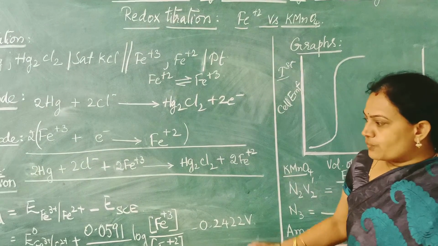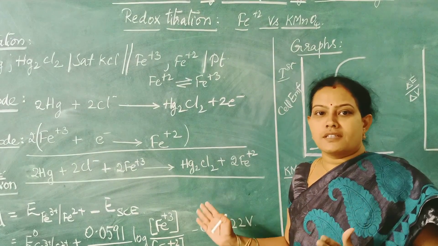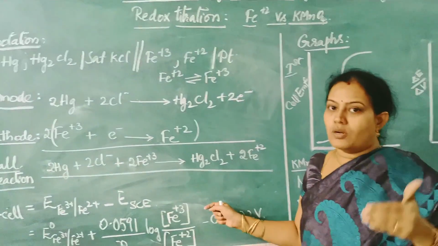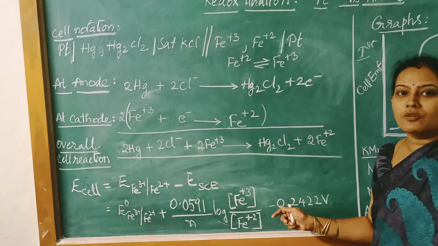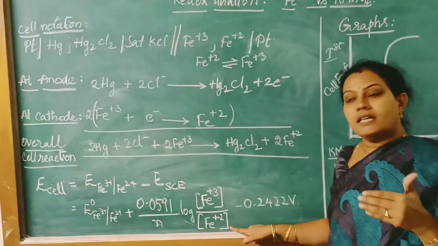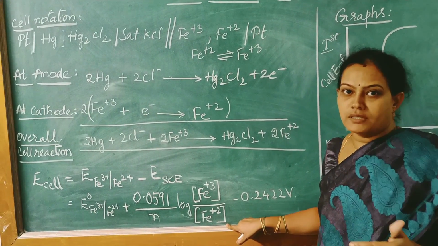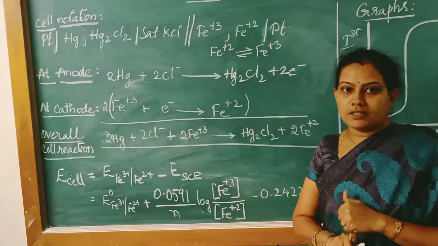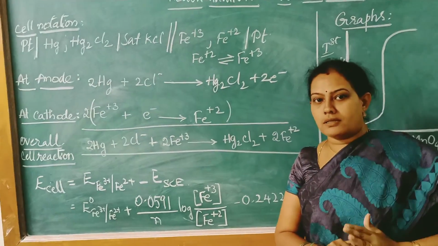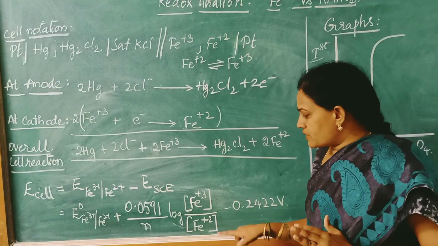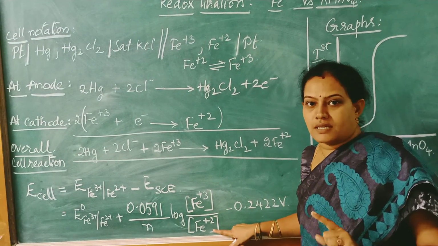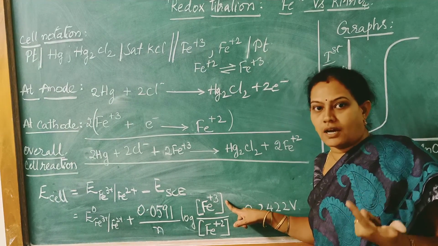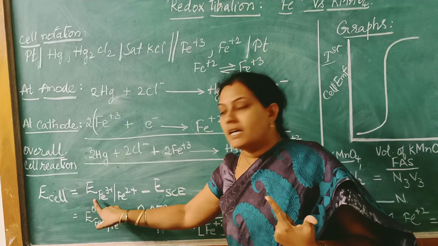And so we find continuous changes in the values of E cell when we are adding KMnO4 in 1 ml lots, where the KMnO4 starts oxidizing the ferrous ions present in the solution to ferric. So the ferrous ammonium sulfate that we are taking, 20 ml in the beaker, when added with 1 ml lots of KMnO4 from the burette, we observe that the KMnO4 is oxidizing the ferrous ions to ferric ions. Now this change in the concentration of the ions will bring about the change in the EMF.